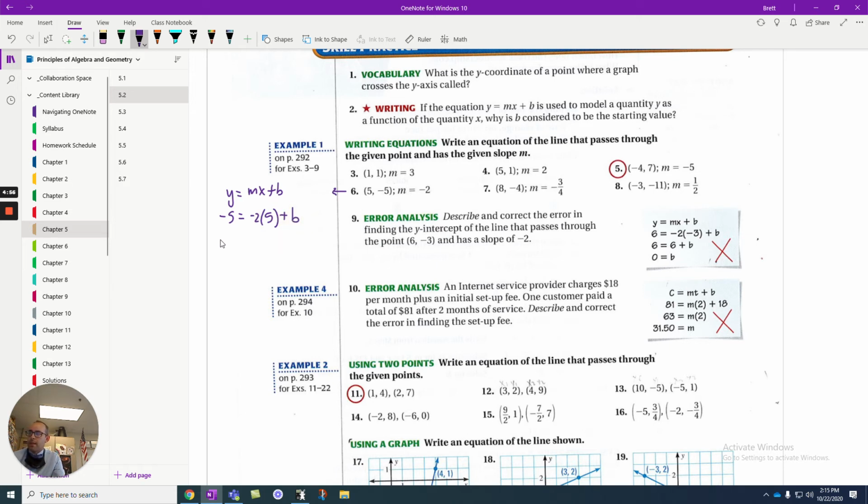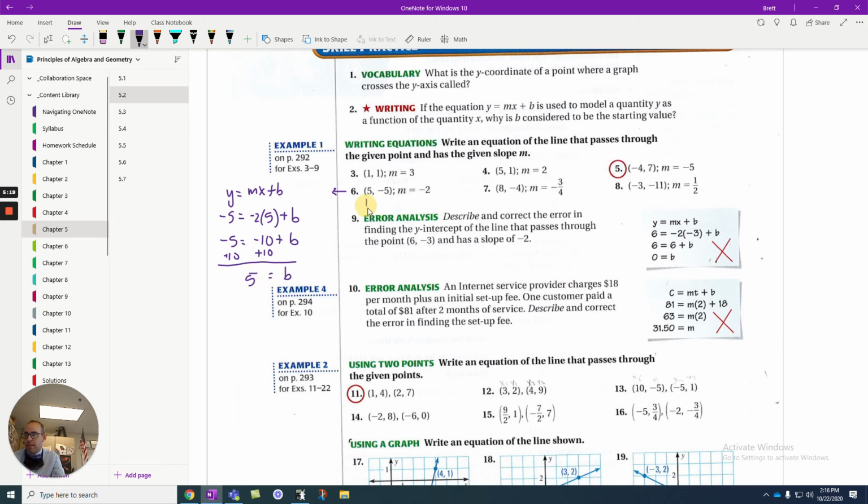So now I have negative 5 equals negative 10 plus b. And if I want to get b alone, I've got to get rid of this negative 10. Since it's negative, I will add 10, and I get b equals 5.